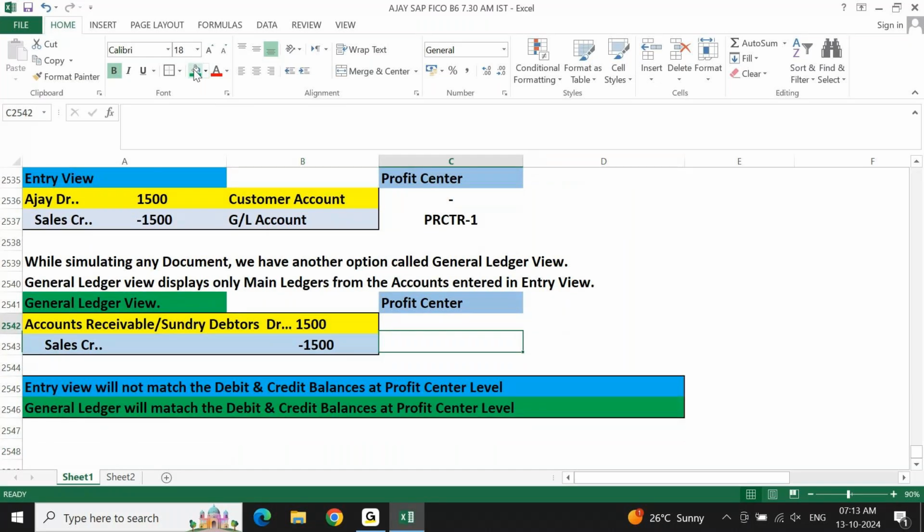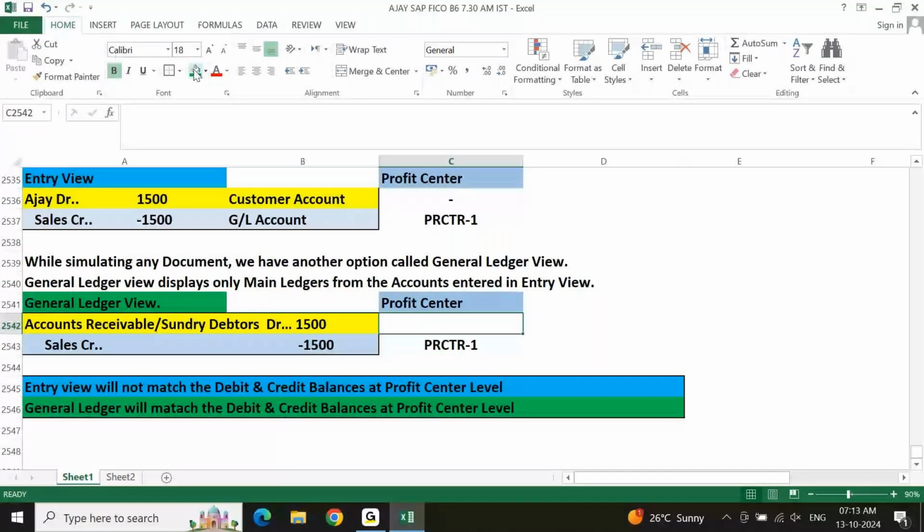So from the entry level view, where is the profit center? In the GL, the sales account. Here there is a profit center. From here, the profit center will come here. Where is the profit center missing? On the sundry debtor, the receivable account, on the debit side, the profit center is missing.